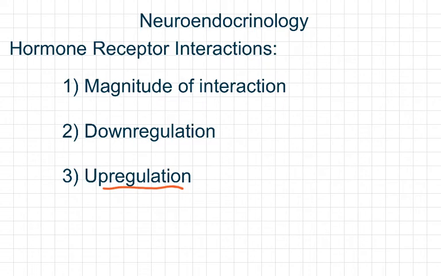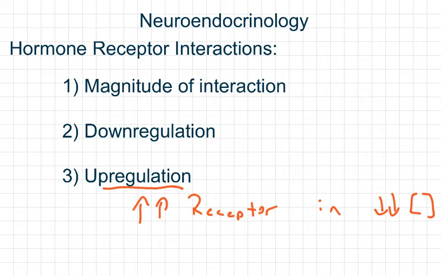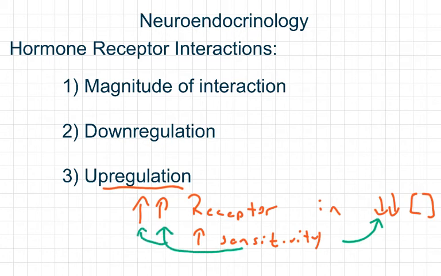So when we have an increase of receptor concentration on a cell in response to a low concentration of a particular hormone, what we're doing is increasing the sensitivity of the target tissue in response to a low concentration of hormone. And we get this increased sensitivity due to the increased number of receptors for that particular hormone.